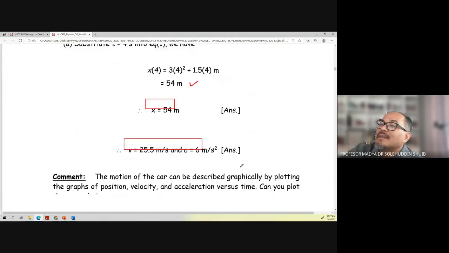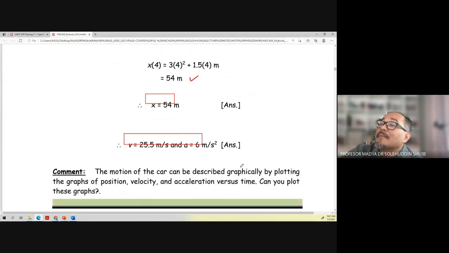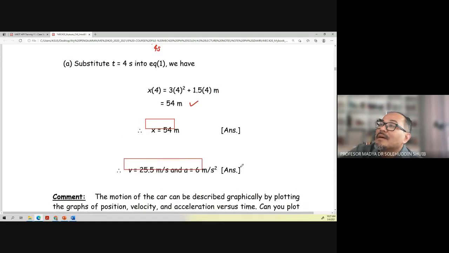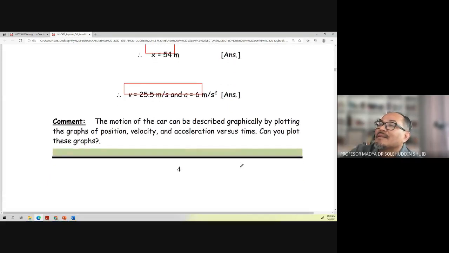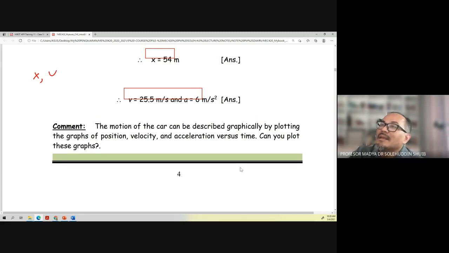Okay. This is how we can get the value of x and velocity and acceleration. Okay. After that, after we have described that, we get the value of x, the velocity and acceleration. Okay.